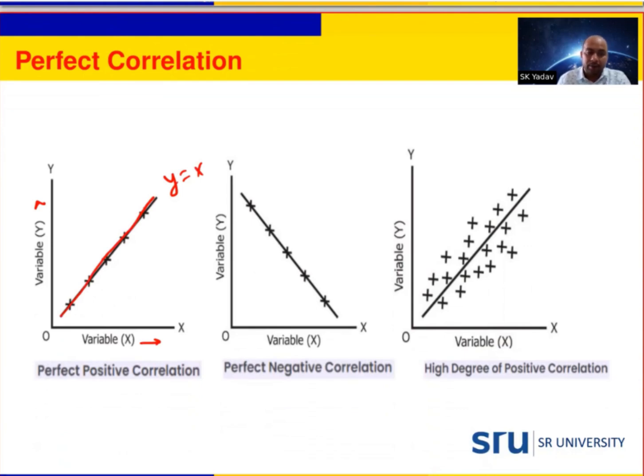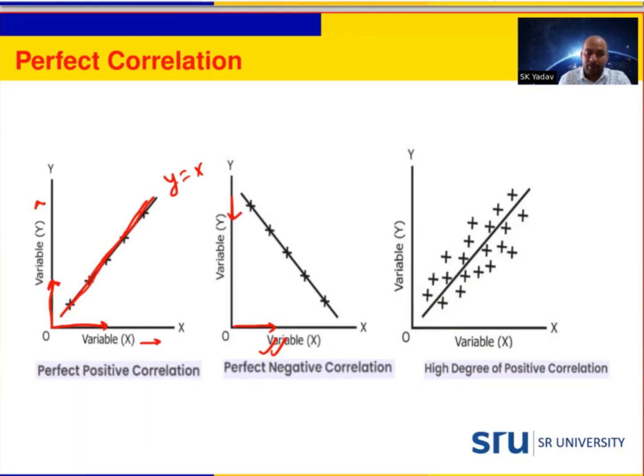Because they are aligned positively, it is called a positive correlation. You can see here when I increase x, y is also increasing. So it is a kind of positive correlation. Whereas in this figure, the same points are indicated, but they are fitting as a negative correlation. When we increase the x value, the y value starts decreasing towards 0.